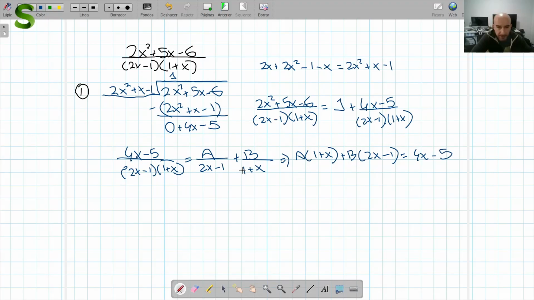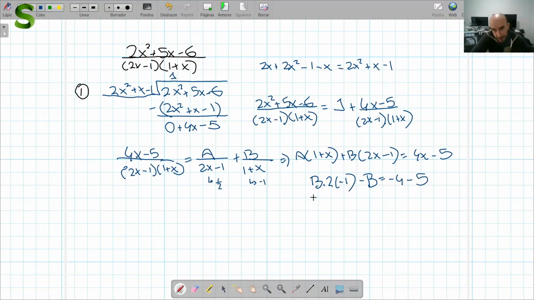And now what I do is I introduce the roots. The roots are minus 1 and a half. So if I include minus 1 here, this one goes away. So that means b times two times minus 1 minus b equals minus 4 minus 5.